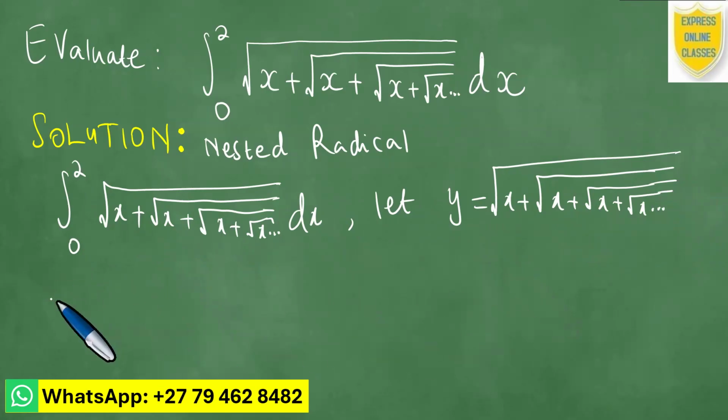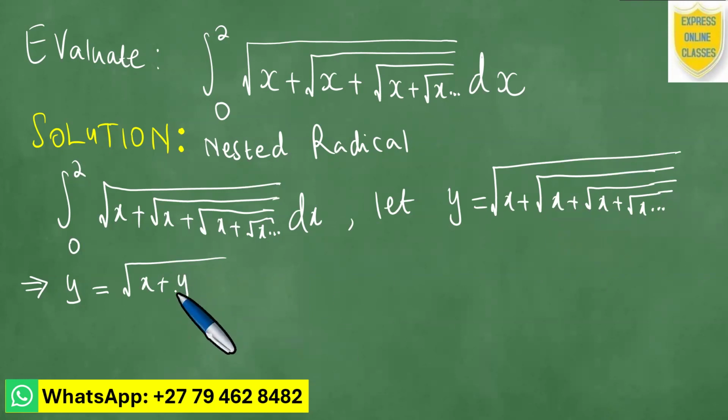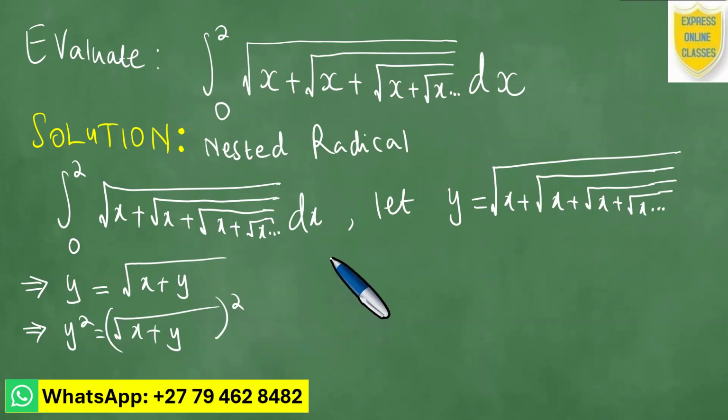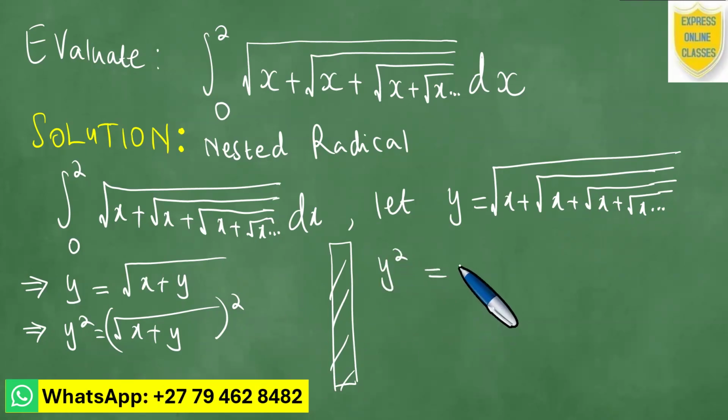Upon careful observation, this is actually y equal to the square root of x plus y. We square both sides exactly in this manner.